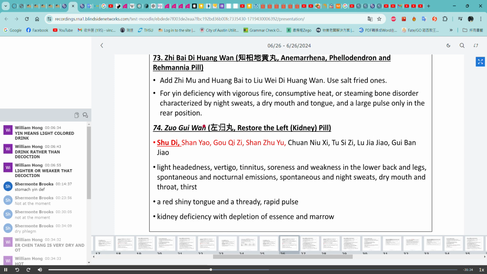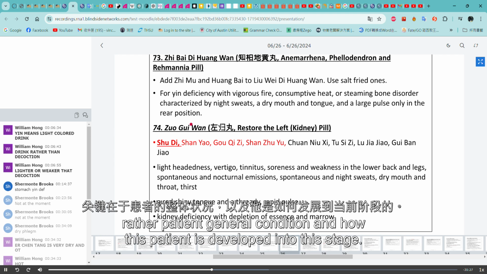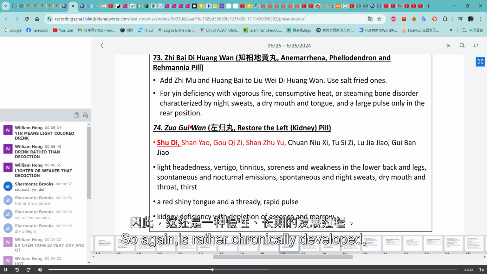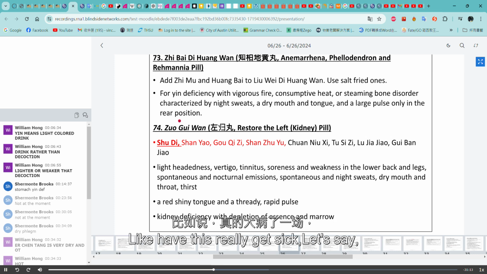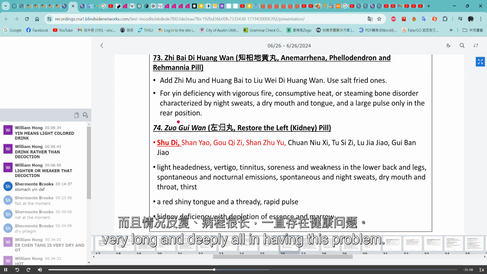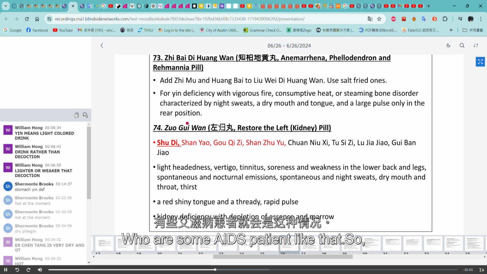And so the signs and symptoms again are not really the differentiation point, rather the patient's general condition and how this patient developed into this stage. So again, Liu Wei Di Huang Wan is rather chronically developed, whereas Zuo Gui Wan is for having some event, some traumatic event, like getting really sick, let's say having COVID-19, sick very, very long and depleting all yin, having this problem, or some AIDS patient like that.